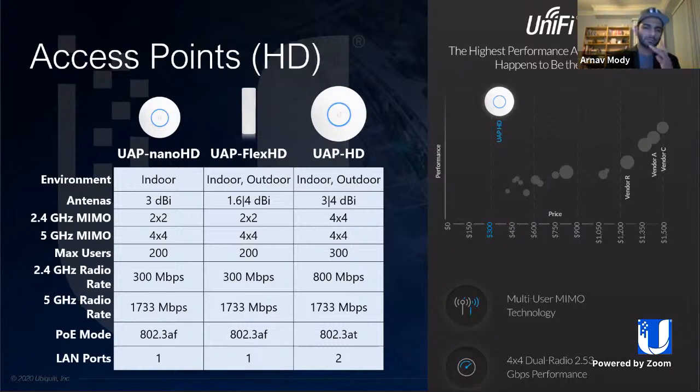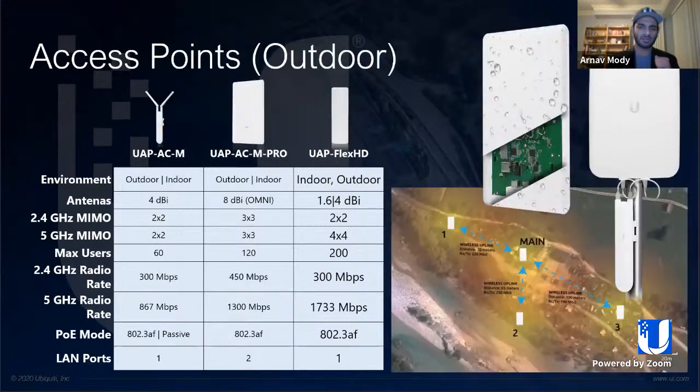Now let's also talk a bit about our outdoor access points. As I mentioned, one of the important things to think about when looking at access points is the environment. If it's an indoor environment, we've spoken about the access points, but if it's an outdoor environment, what are the access points that will work best? So we have the UAP-AC Mesh and the UAP-AC Mesh Pro. Both of those are built for outdoor settings. As you can see, they are kind of water resistant, dust resistant.